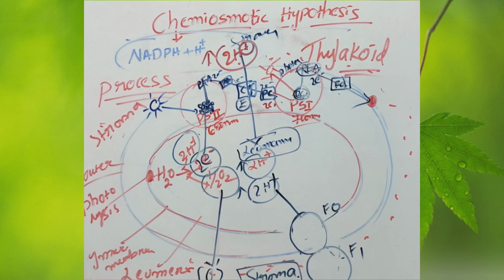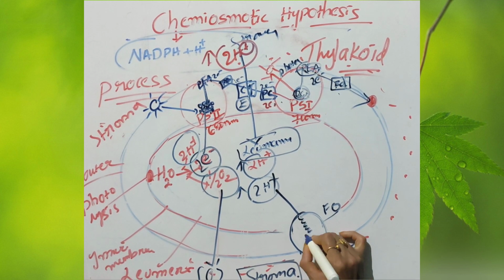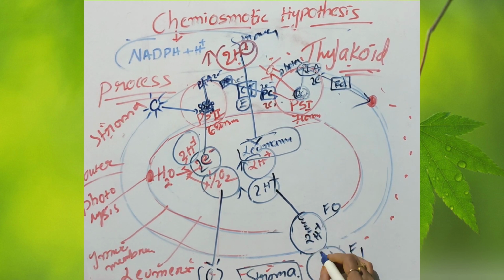The high concentration of protons facilitates the transportation of protons into the stroma through the F0, F1 particles. Two protons are transported through the F0 to F1 particles.